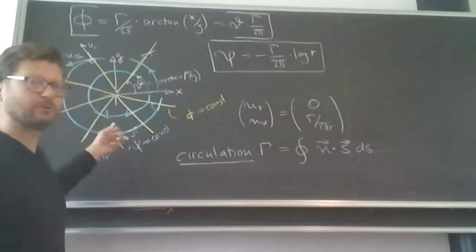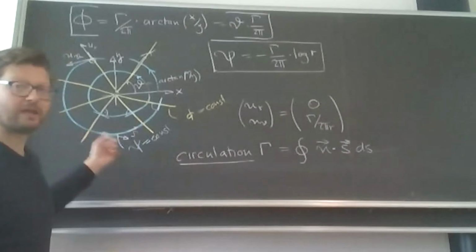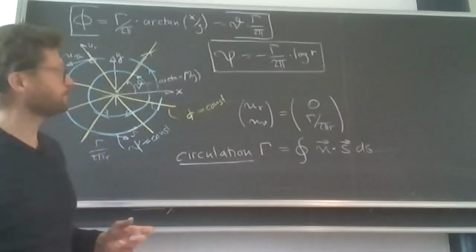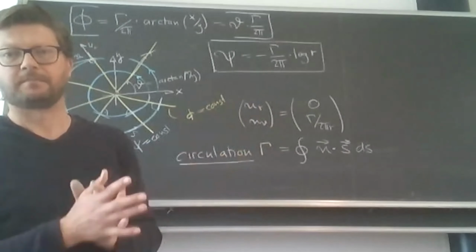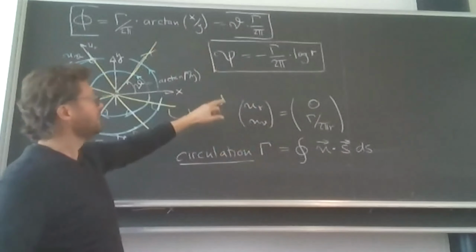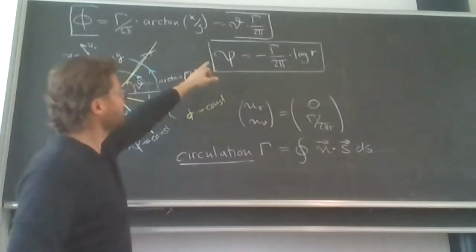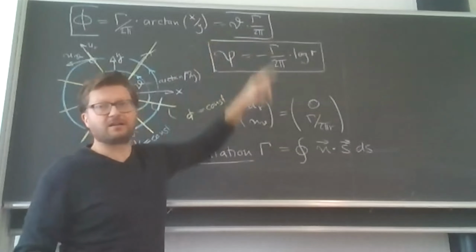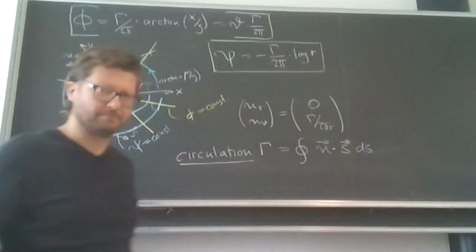Let's think of the blue lines as equipotential lines, and then the yellow lines will be streamlines, right? Both should still satisfy the Laplace equation. So we just exchange the roles of the two. Instead of psi equal to minus gamma over 2 pi log r, we make psi equal to gamma over 2 pi times theta. We just flip them.